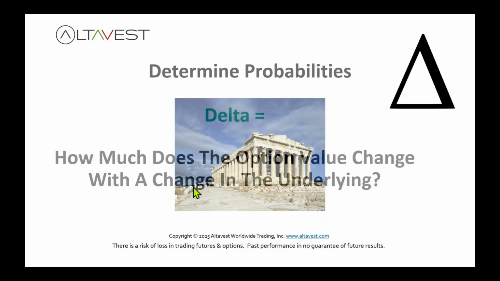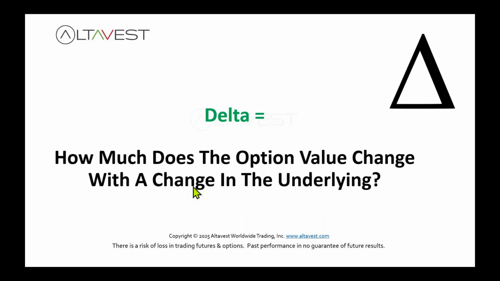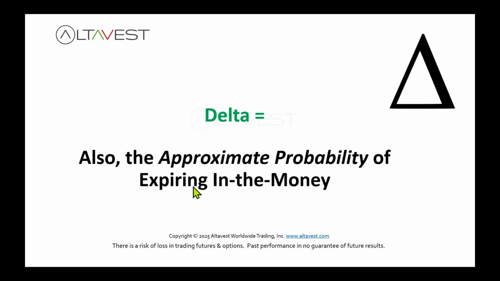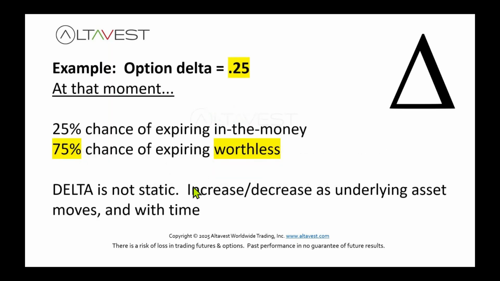So determining probabilities, let's look at delta. How much does the option value change with the change in the underlying index or asset? But it's also used by options traders and defined as the approximate probability of that option expiring in the money. So there's an option delta in this example of 0.25.